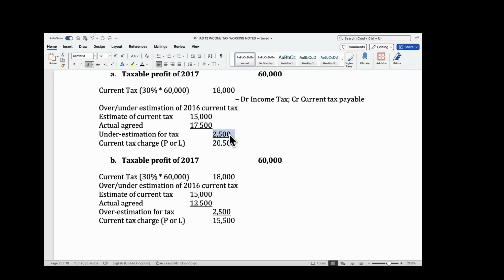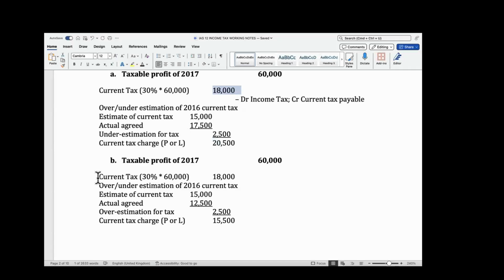The entry for that, probably, is you credit bank and debit an account called underestimation of tax, which from this schedule I'm showing you is going to be added to your P&L. You take it to P&L. So that's why, like I've explained earlier, this 2,500 goes to P&L. What shows in your statement of financial position as a liability for tax, as your current tax payable, is just this 18,000.